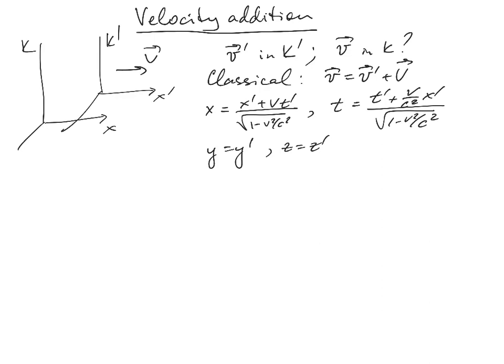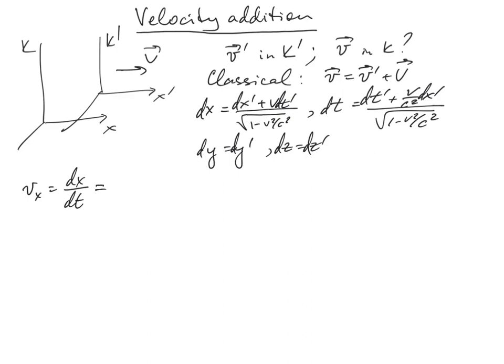Now, to find the velocities in K, we can take the differential versions of these relations and then simply divide dx by dt. That will give us vx and so forth. So in differential form, add the differentials here. Same thing here. And then vx is by definition dx by dt. So we take this and divide by this, substitute here.